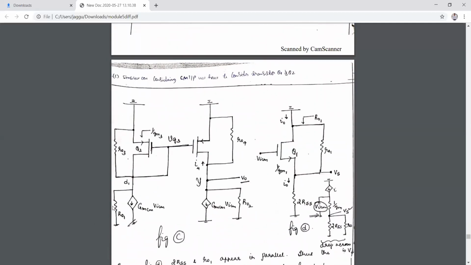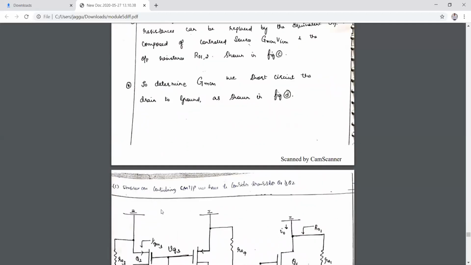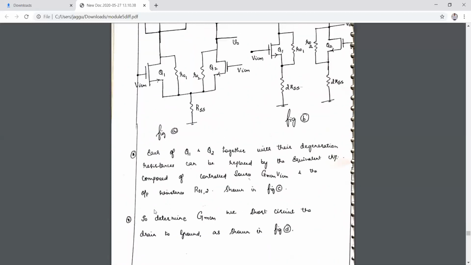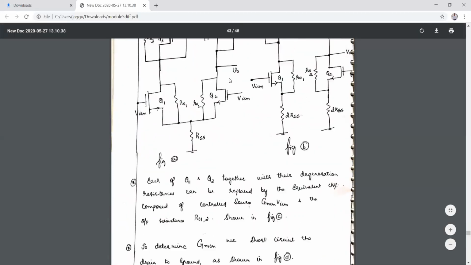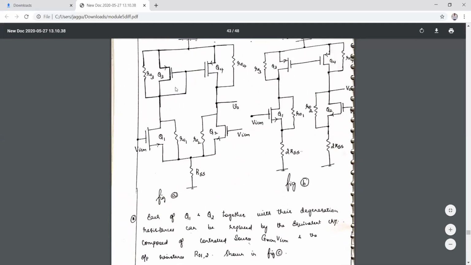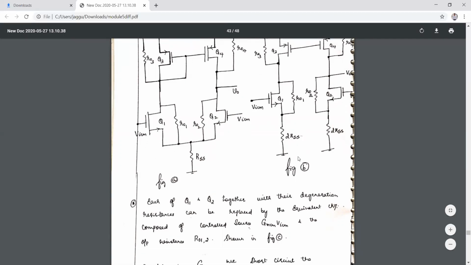The circuit is divided into two common source amplifiers with degeneration. The finite output resistance of the individual transistors is considered, and the circuit is acting like a source degeneration common source amplifier.